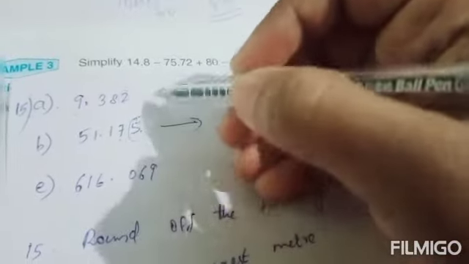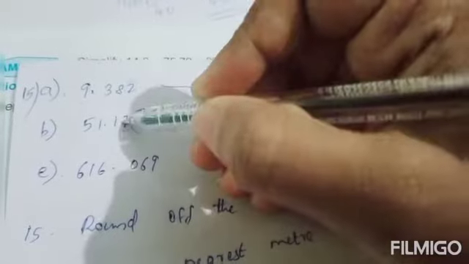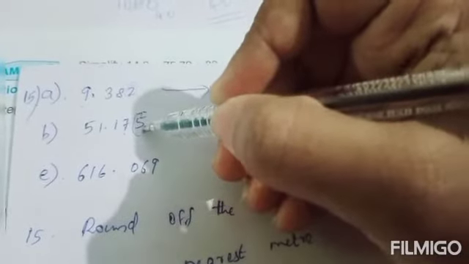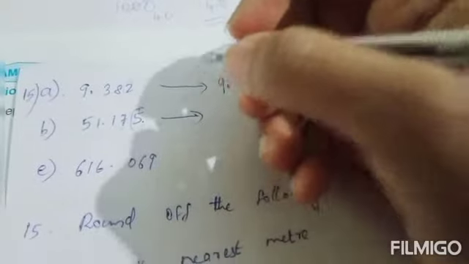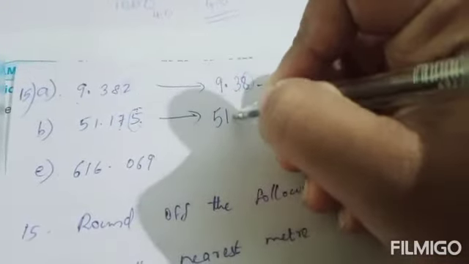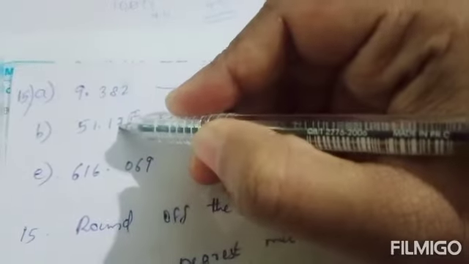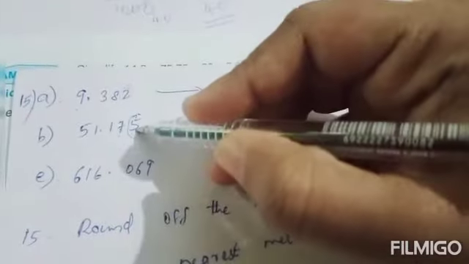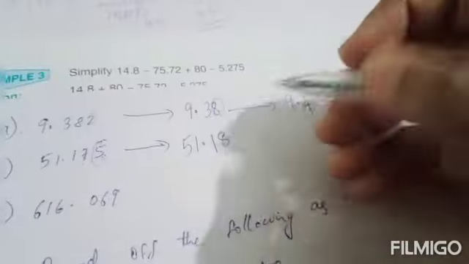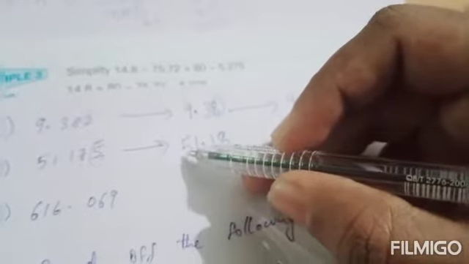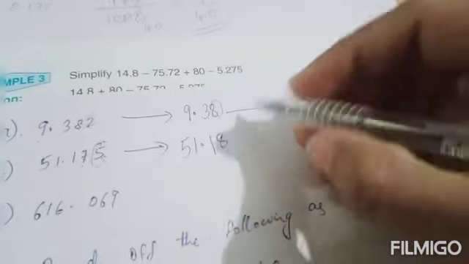So in 51.1 here we need to add 1. So 7 plus 1 it is 8. 5, replace 1000th place digit by 0. So no need to put 0. You can just write 51.18 itself.